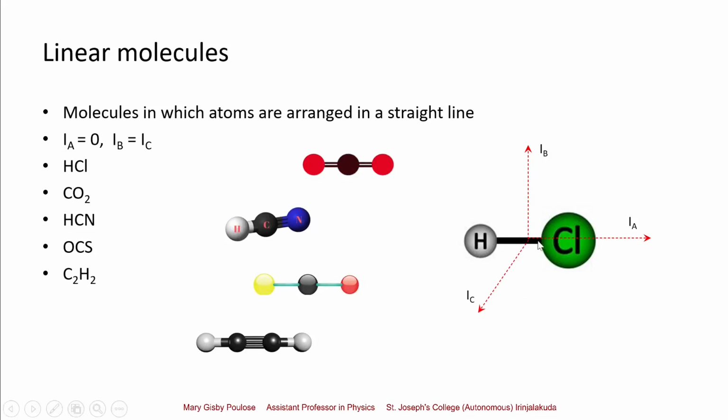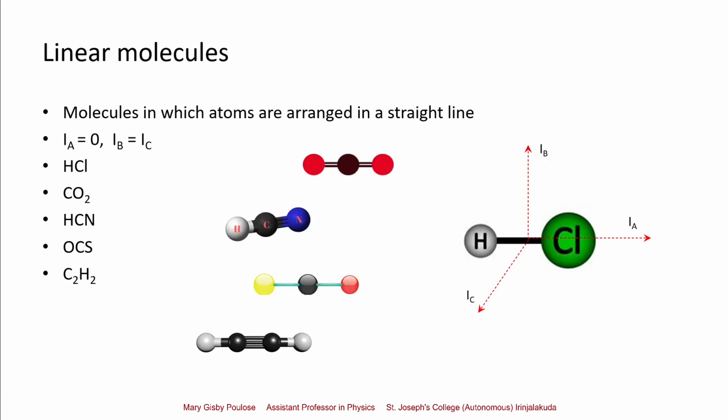Now, if this molecule is rotating about the IA axis, along the rigid bond, it does not show any change in the dipole, right? There will be no change in the dipole. Hydrogen will be in the position of the hydrogen atom itself, and chlorine will be in its position itself.